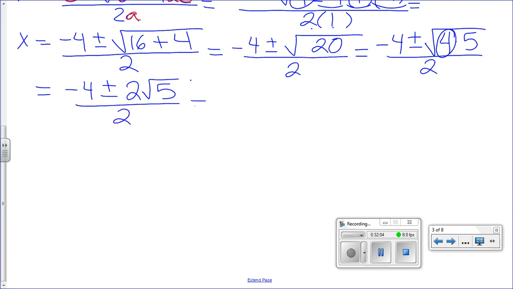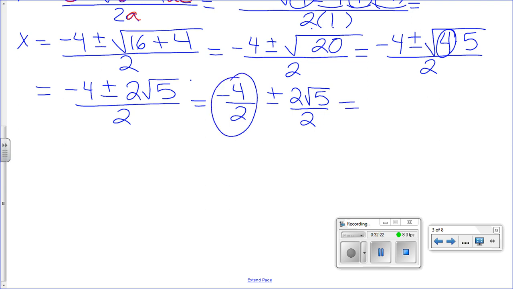Now keep in mind here that the 2 is dividing the negative 4, so I'm going to split the fraction, and the 2 is also dividing the 2 times the square root of 5. Now what we're going to do next is reduce, and we know that negative 4 divided by 2 is negative 2, and 2 divided by 2 is equal to 1, so you may say they cancel.